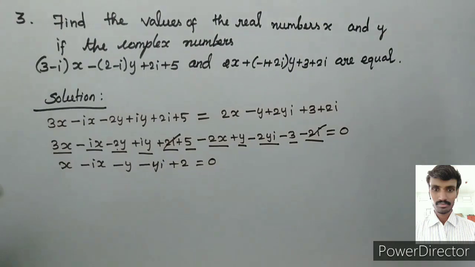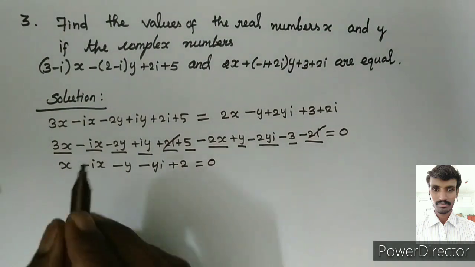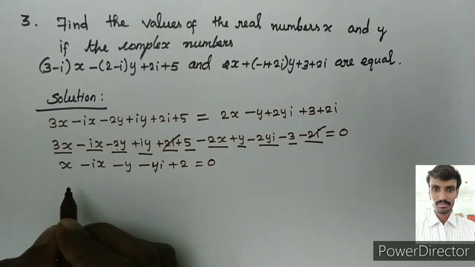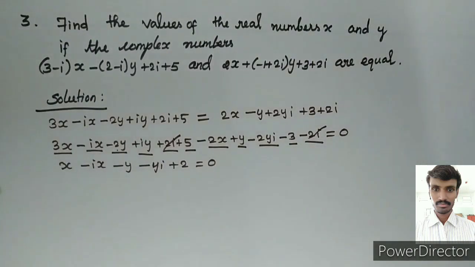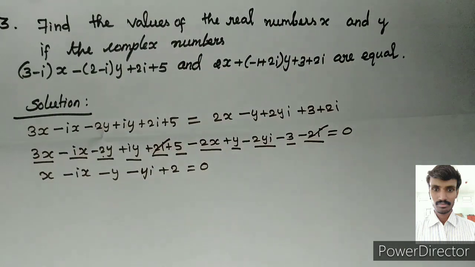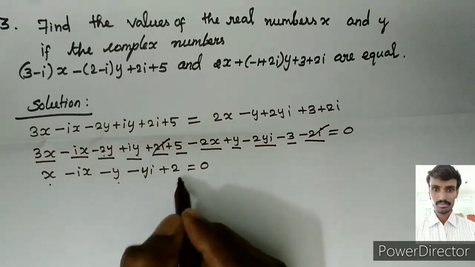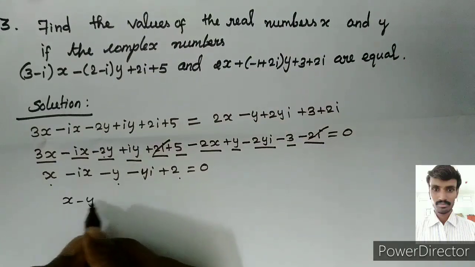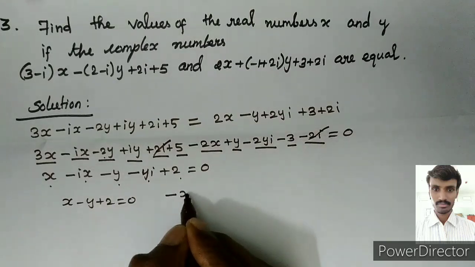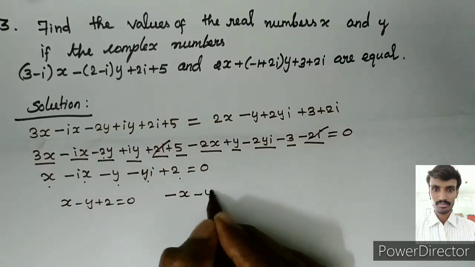Here the real part is x − y + 2 = 0, and the remaining part is imaginary. So the first equation is x − y + 2 = 0. Then the imaginary part gives −x − y = 0.